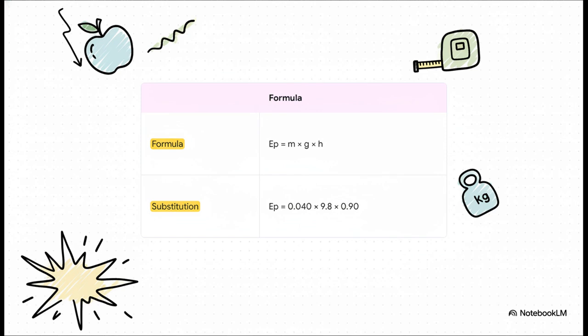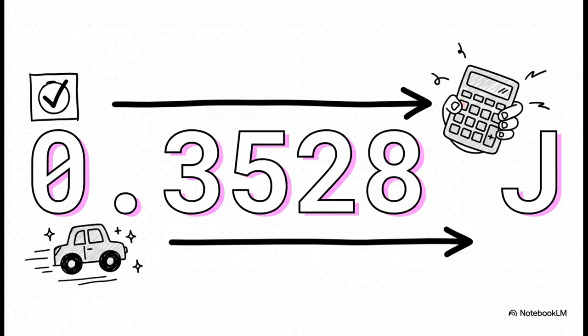So we just plug in the numbers we have, 0.040 for the mass, 9.8 for g, and crucially, our converted height of 0.90 meters. You pop that into your calculator, and you get 0.3528 joules. And get this, just writing that down correctly gets you a mark, according to the official scheme. So that's our starting pot of energy, all ready to be turned into speed.